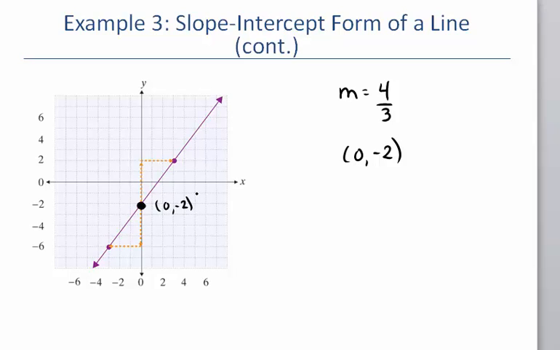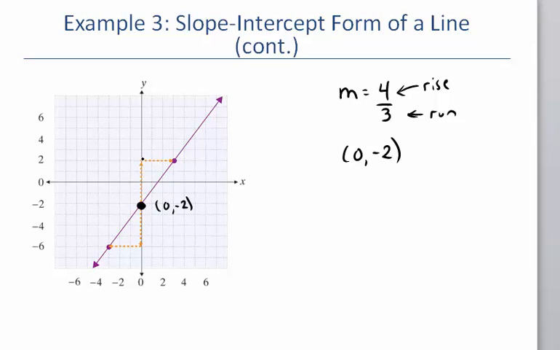In order to get the other points on the graph, we want to remember that another way to look at slope is rise over run. So if I am sitting at the point (0, -2), and I rise 4, that means I'm going to go up 4 units, 1, 2, 3, 4.